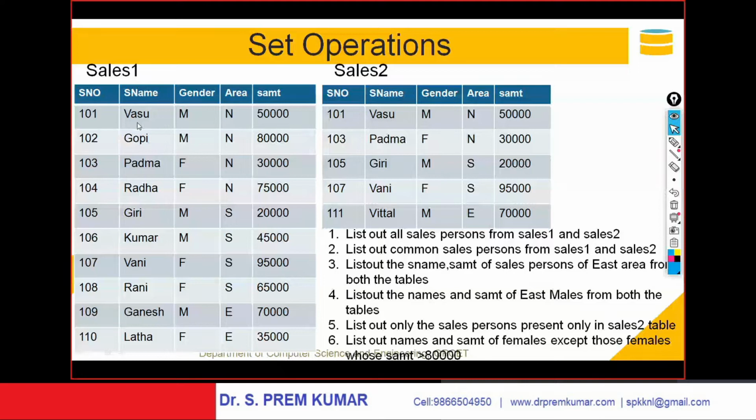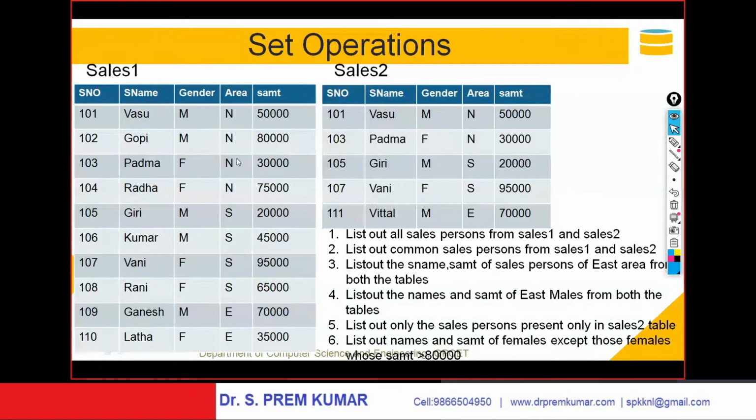In sales 1 you have Vasu, Gopi, Padma, Radha, Giri, Kumar, Vani, Rani, Ganesh and Lata. So there are 10 employees, 101 to 110. Male, male, female, female, male, male, female, female and so on.